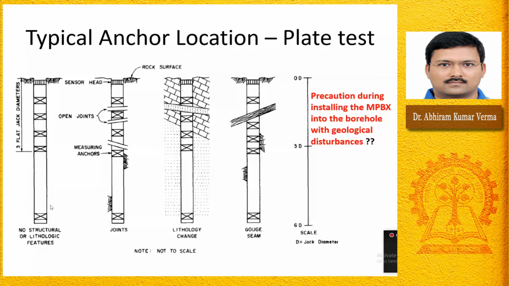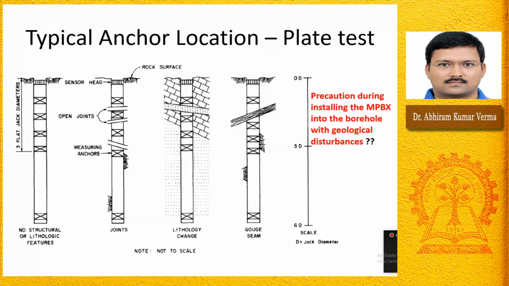You will find that 4 of them are very close to each other, right? And 1 of them is far away from the others. So there is a purpose. What is the purpose of keeping one of the anchors far away from the load application?